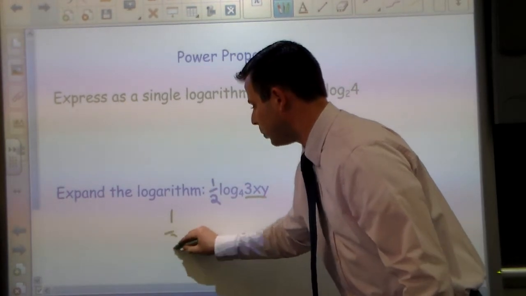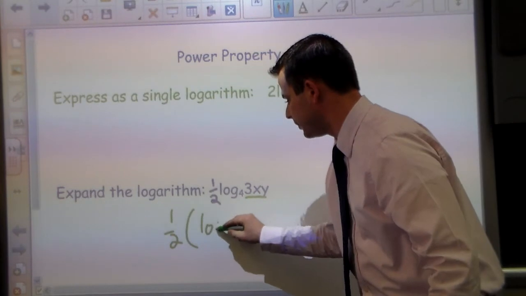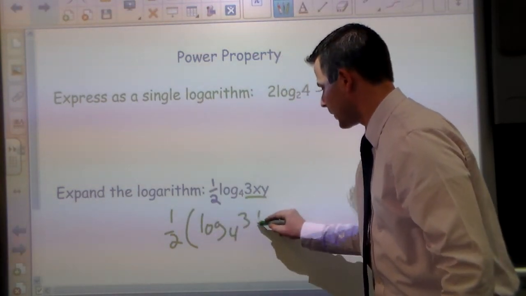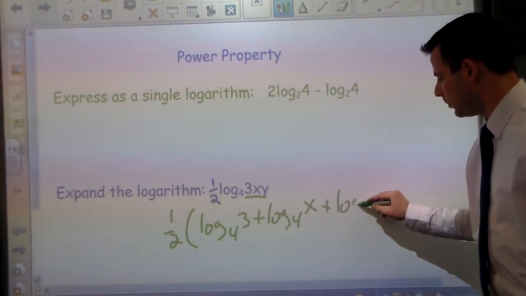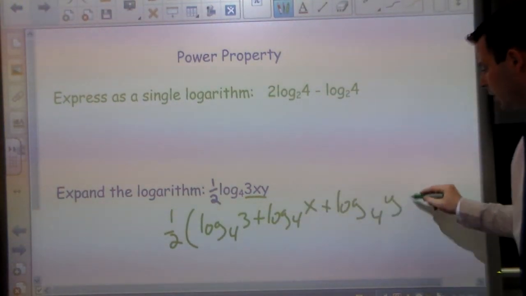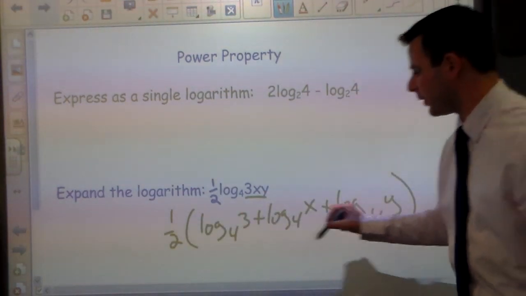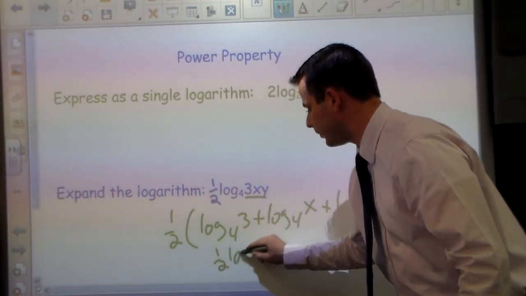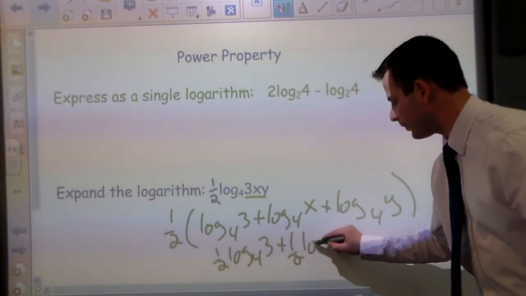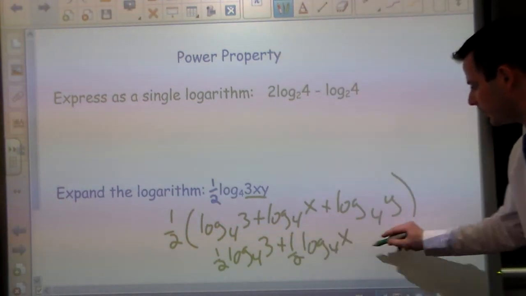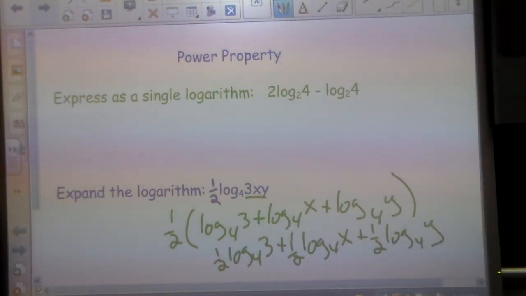So let's rewrite this as 1/2 times all of this. Log base 4 of 3 plus log base 4 of x plus log base 4 of y. I can distribute the 1/2 to all of my terms and say 1/2 log base 4 of 3 plus 1/2 log base 4 of x plus 1/2 log base 4 of y.